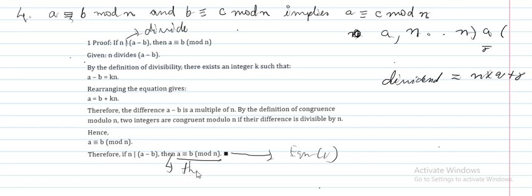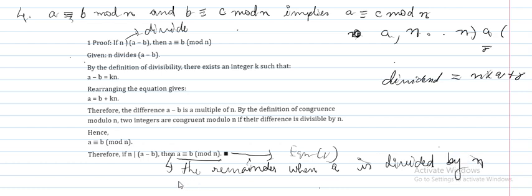This means that the remainder when a is divided by n is equal to the remainder when b is divided by n.